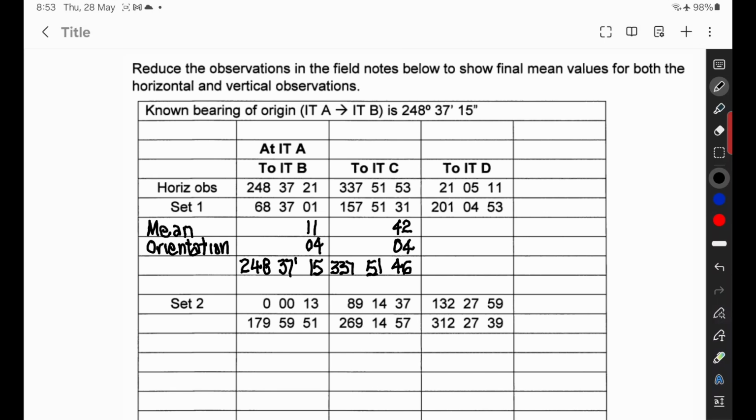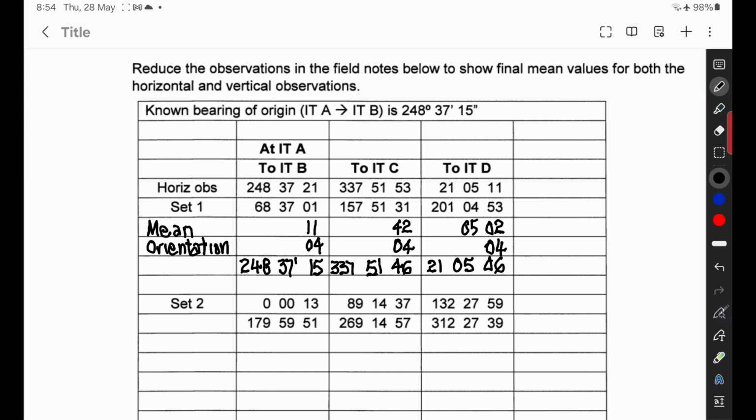That's 18, half of that is 9. 0502. I subtracted the 9 from 11. That was the easiest way of doing that one. Then we add 04, 21, 05, 06.